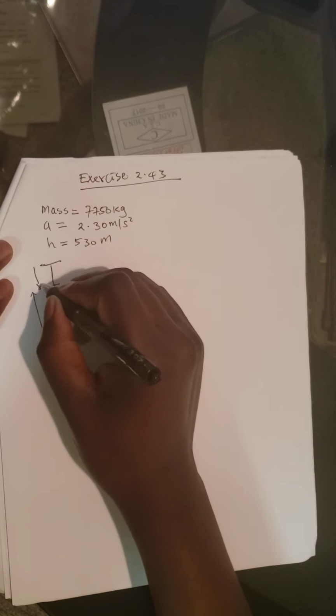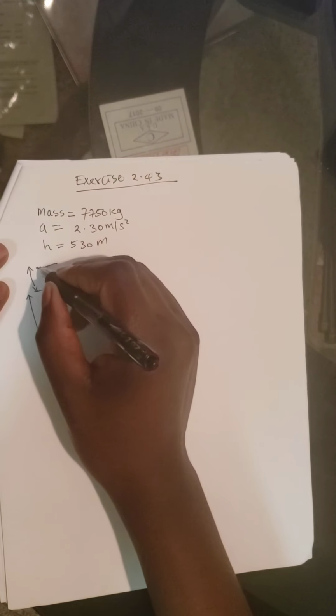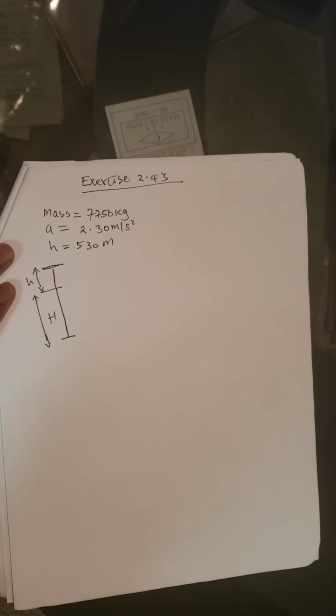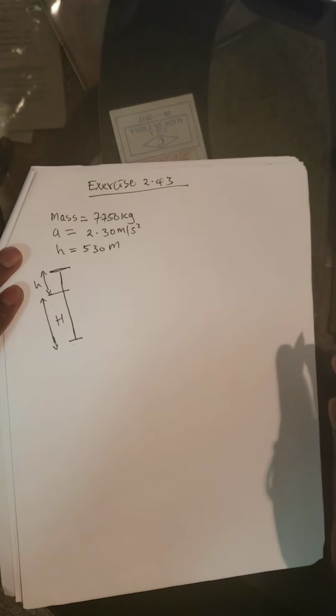Let's call this another h, and after the engine failure, it's still going to keep going up until it reaches the maximum height over there. Let's call this distance small h. So the first question is, what is the maximum height this rocket will reach above the launch pad?